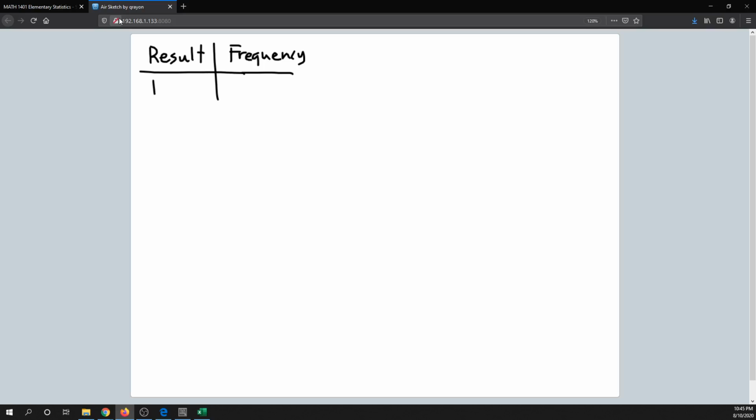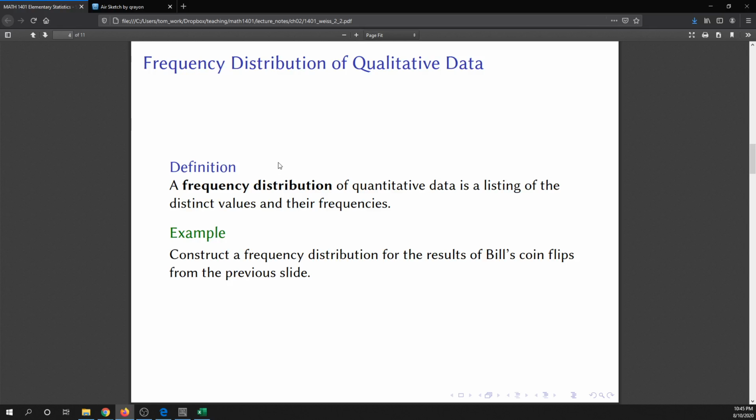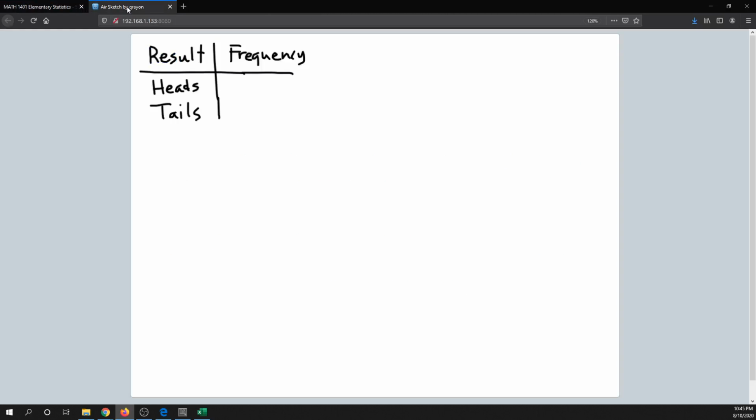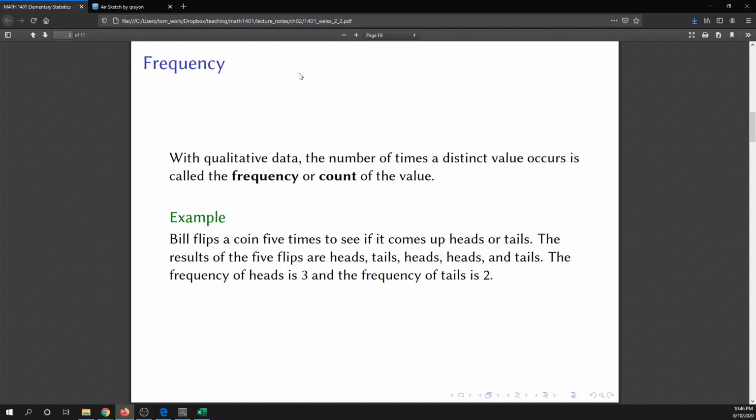The results that we could have are heads and tails. Then, there were 3 heads and 2 tails. So in our frequency distribution, we would list the frequency 3 and 2, and that's it. Just a table showing all the possible values that you could get from that variable, or all the ones that you got, and the frequencies with which they occur. So that's a frequency distribution.